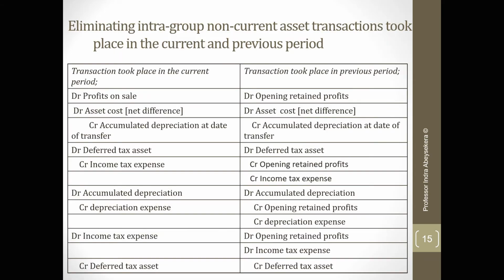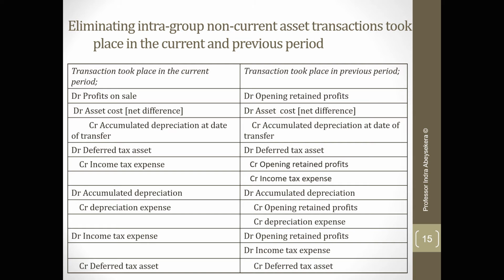Current period, previous period, you can see the first transaction: debit profit on sale, debit asset cost difference, credit accumulated depreciation. The current period, previous period: debit opening retained profits, that's the difference, debit asset cost difference, and credit accumulated depreciation.